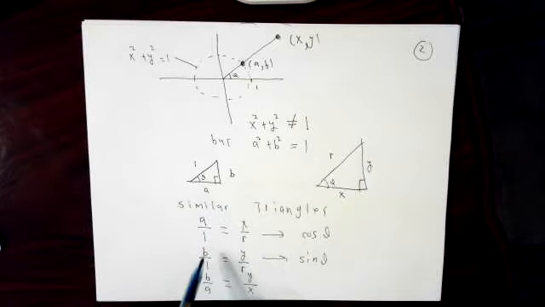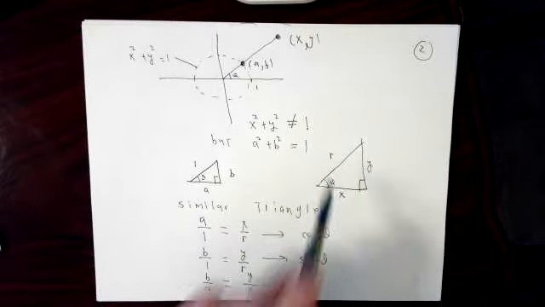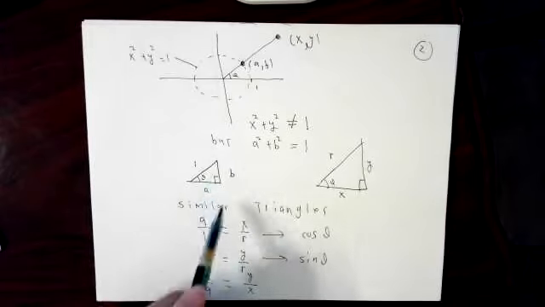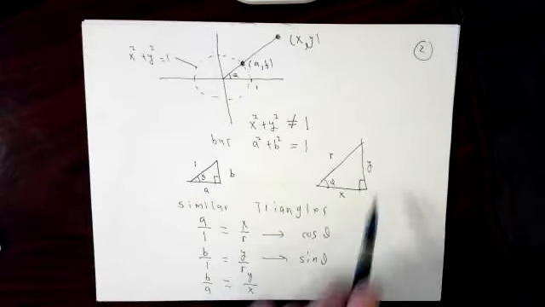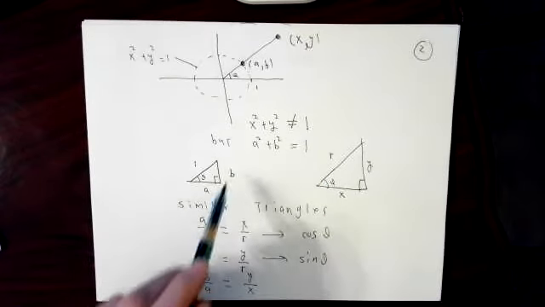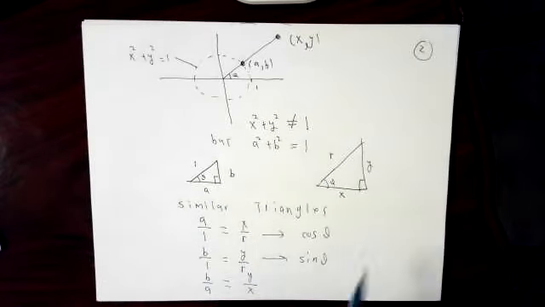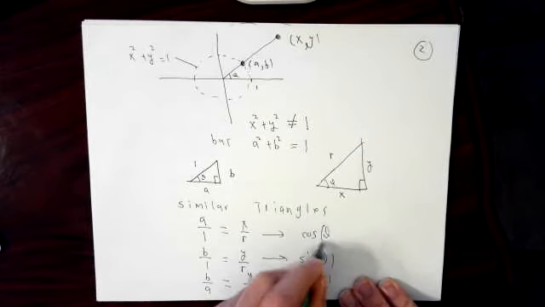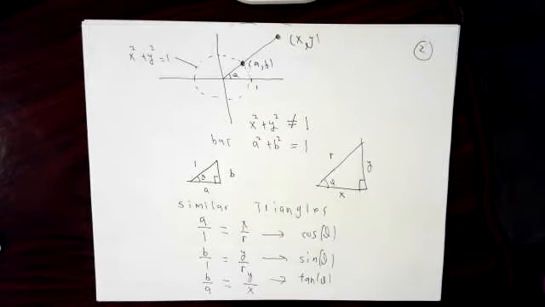So a over 1 and x over r are the same. Also, b over 1 and y over r are the same, and b over a is y over x, which, if you wanted to go ahead and write it in, is tangent of theta.